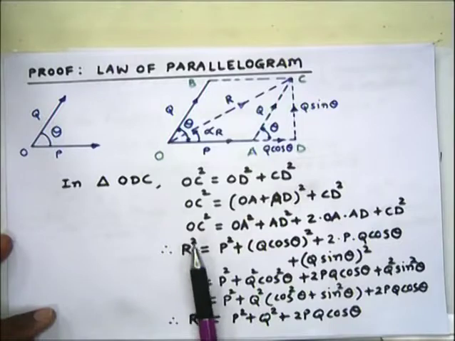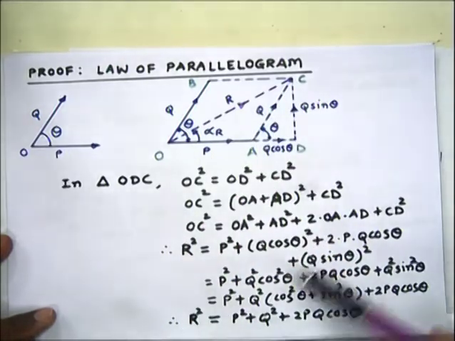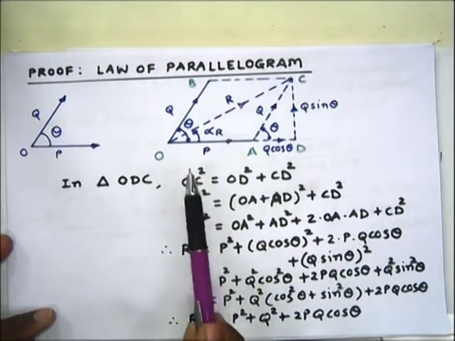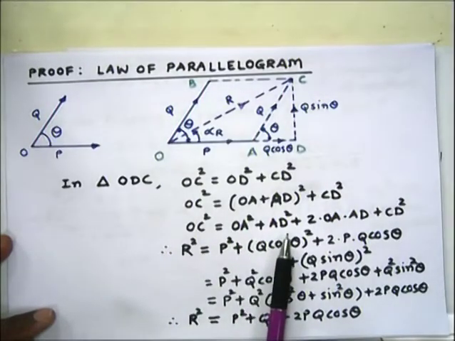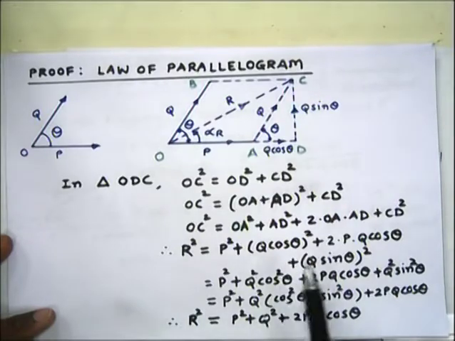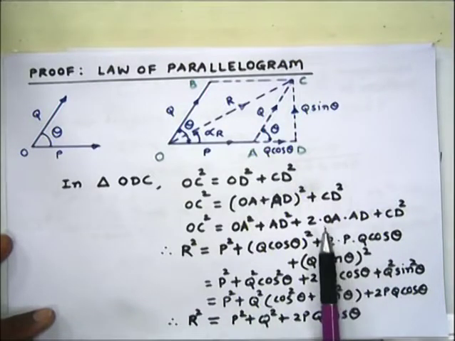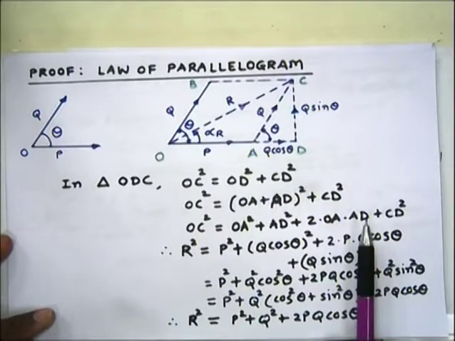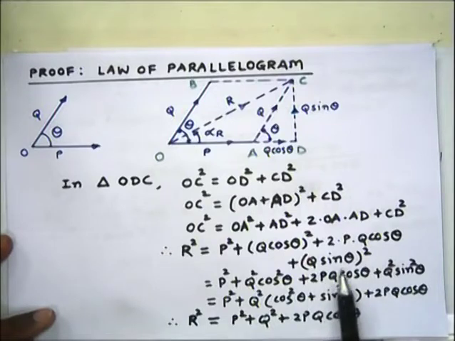Then R square, since OC is nothing but R, so R square is equal to OA, which is nothing but P, so P square, plus AD square, that is the square of Q cos theta, so Q cos theta square, plus 2PQ cos theta, that is 2 times OA, meaning P, and AD, which is Q cos theta, plus CD square, that is Q sin theta square.